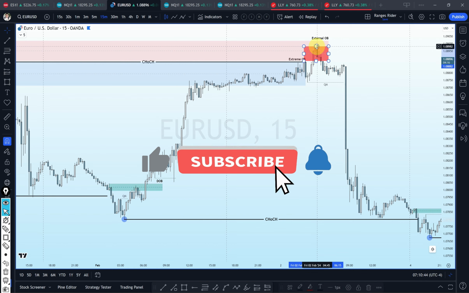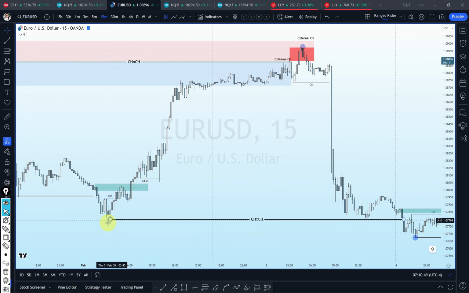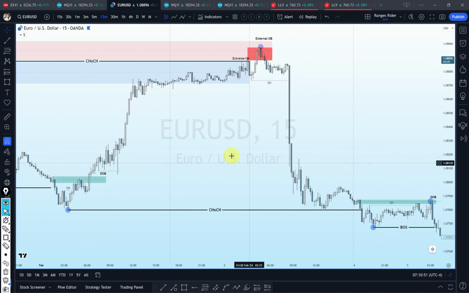And once we have the inducement, what are we looking for? We are looking for the other side of the market. And on the other side of the market, we will have another change of character. And this change of character was bullish, but we were not bullish because of the inducement and the external OB.